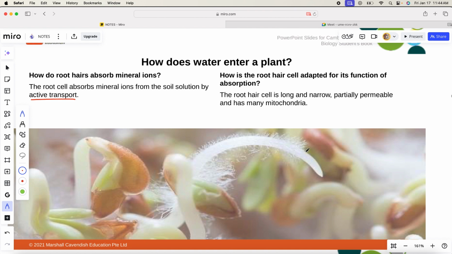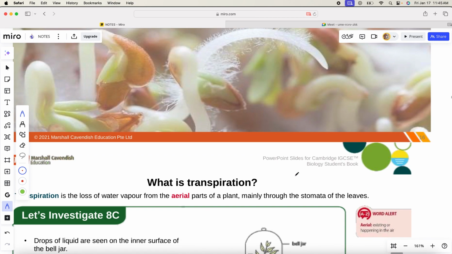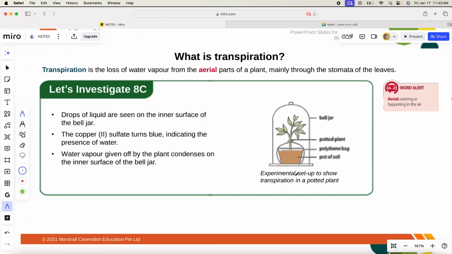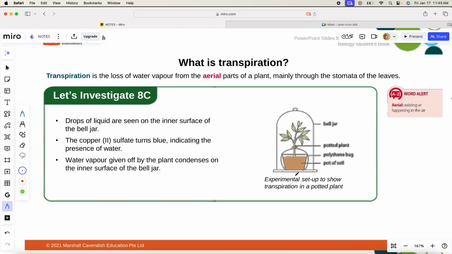The partially permeable membrane means water can penetrate it, and the mitochondria release the energy needed for active transport. This is how Allah subhanahu wa ta'ala has designed it and made it functional.